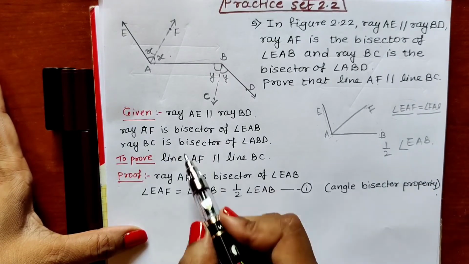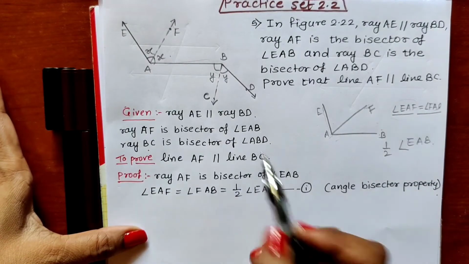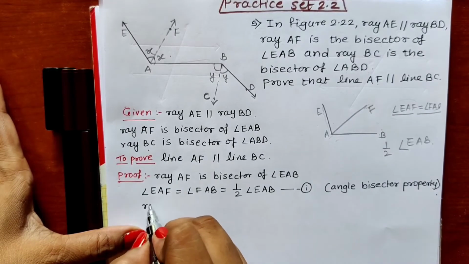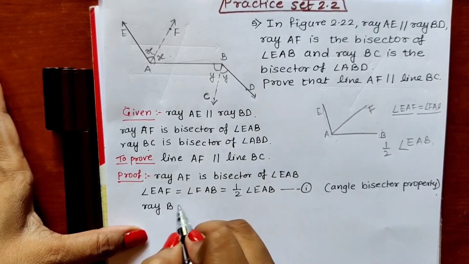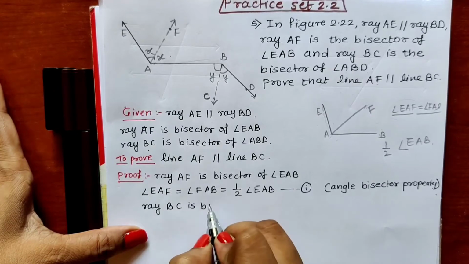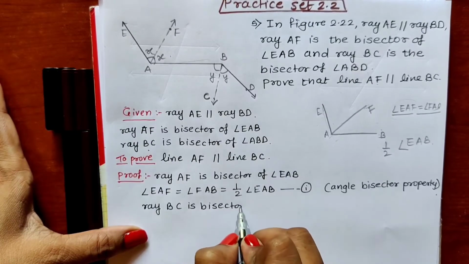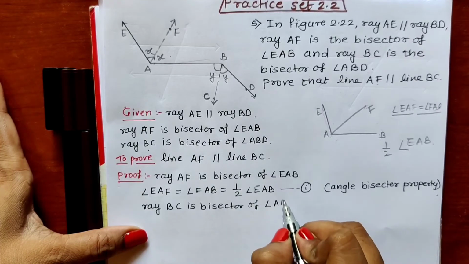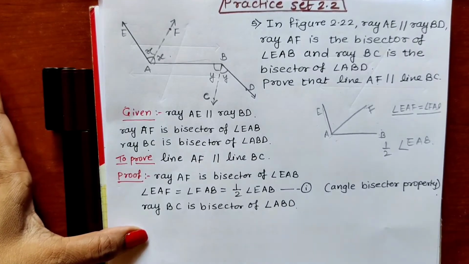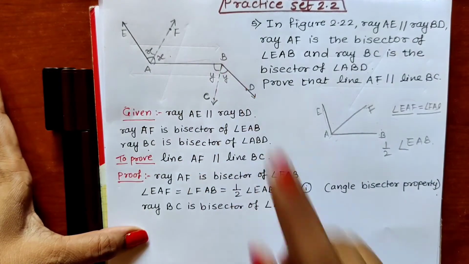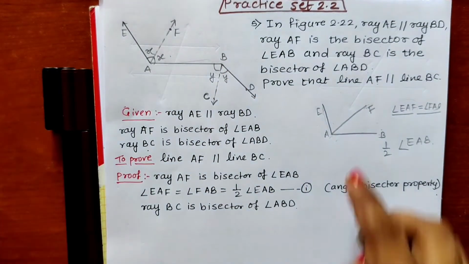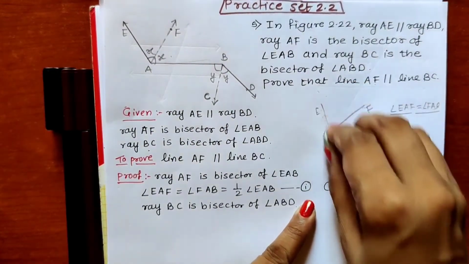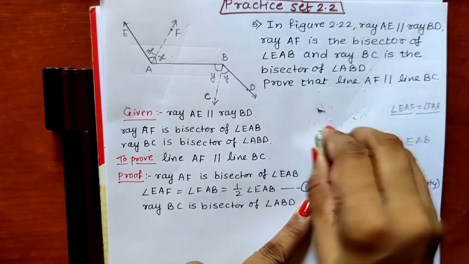Okay. Now next we have given ray BC is bisector of angle ABD. So I will be writing here ray BC is bisector of angle ABD. Now we will have to observe this angle ABD. Similarly, same way I will be rubbing this out so I can explain to you.